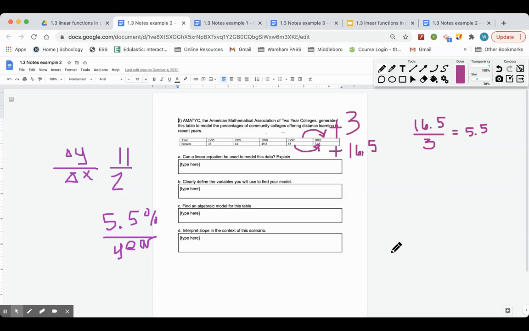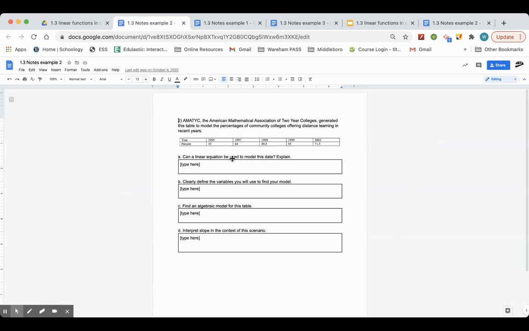So can we model this? Yes. Why? Because there's a constant rate of change between the data, which represents a linear relationship. Yes, we can use a linear model because the data shows a constant rate of change.